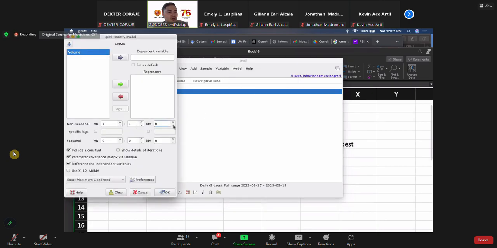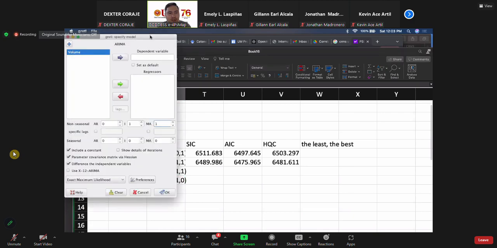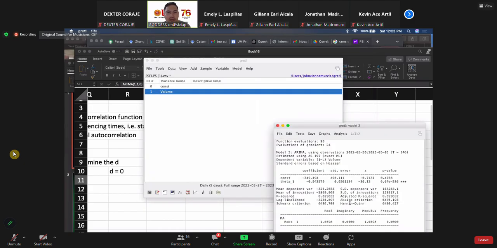Or let's just take 011 to be sure. So 0, 1, 1, because difference then moving average. Volume is our dependent variable.